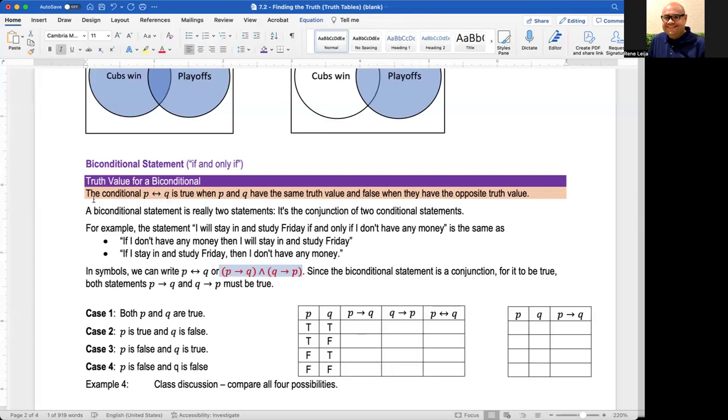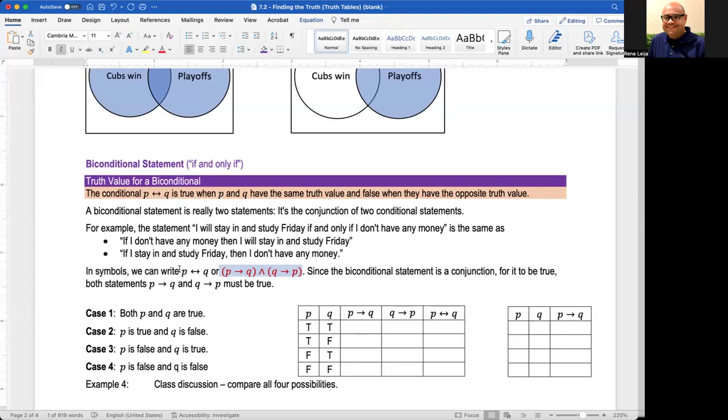So a biconditional statement, the conditional P with the double-sided arrow to Q, is true when P and Q have the same truth value and false when they have the opposite truth value. Okay. So for example, the statement, I will stay in and study Friday if and only if I don't have any money, is the same thing as if I don't have any money, then I'll stay in and study on Friday. If I stay in and study Friday, then I don't have any money.